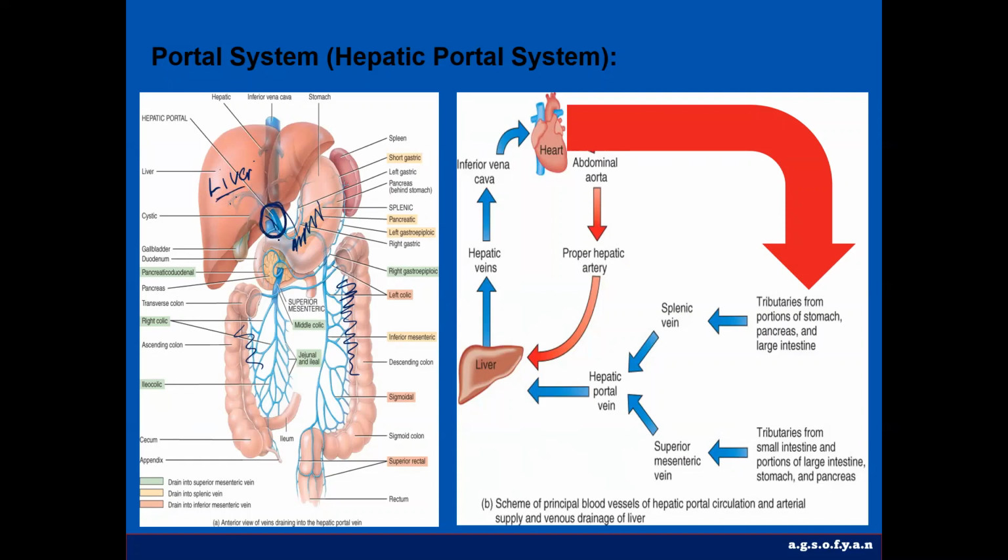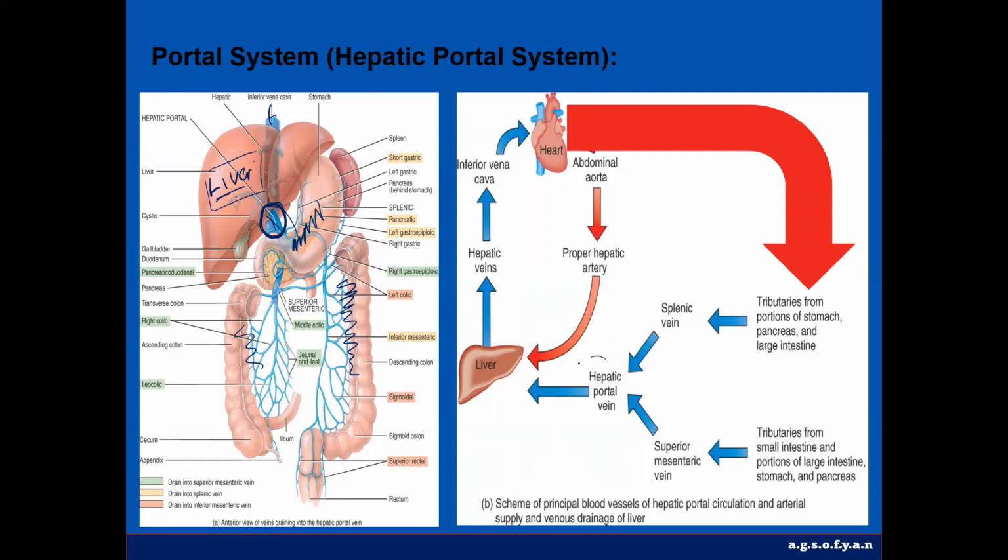And because the blood is delivered to the liver, this system is called the hepatic portal system. Hepa means liver. And from the liver, the blood will return to the heart using this inferior vena cava, entering the right atrium.